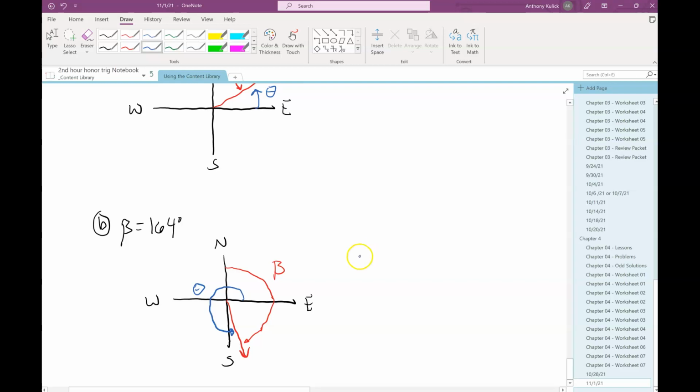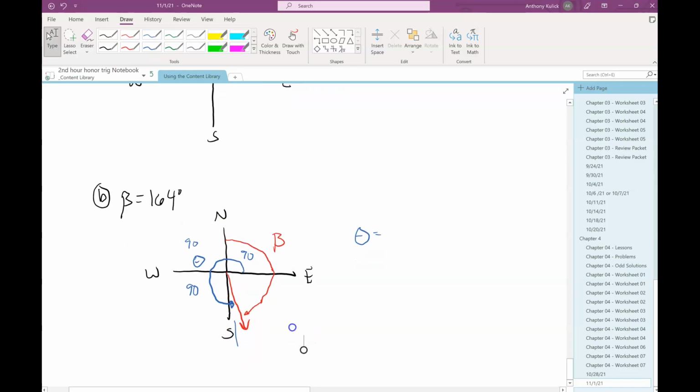What does theta have to be in this case? Well, let's see, we have 90 here, 90 there, 90 there, and then this little sliver, which is going to be how much? 16 degrees.